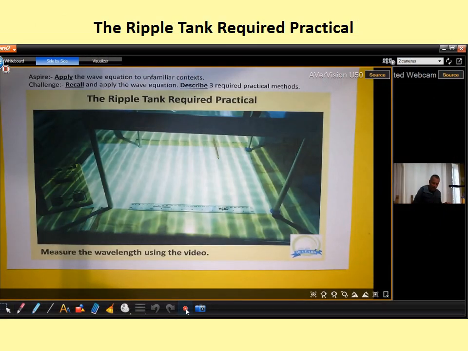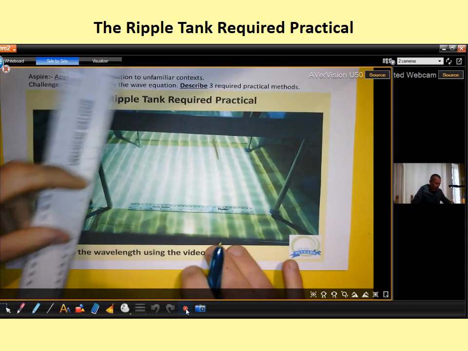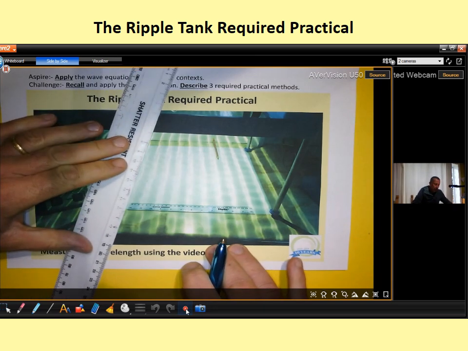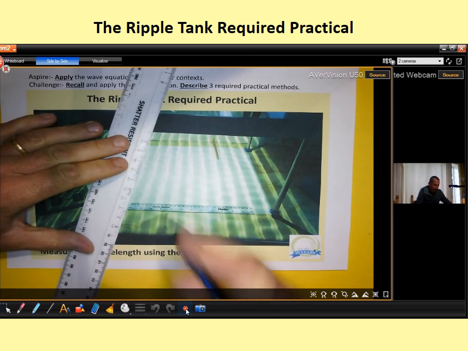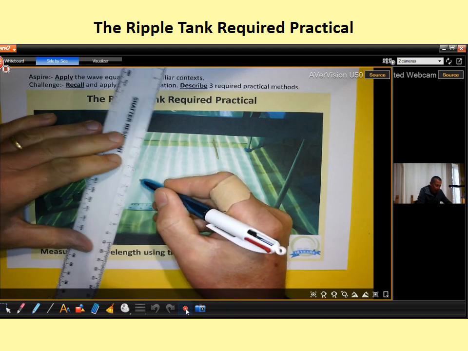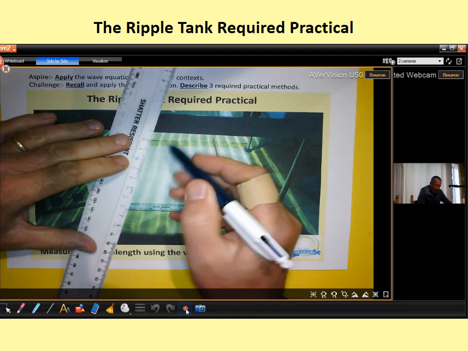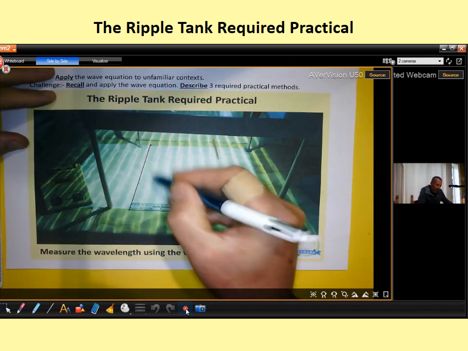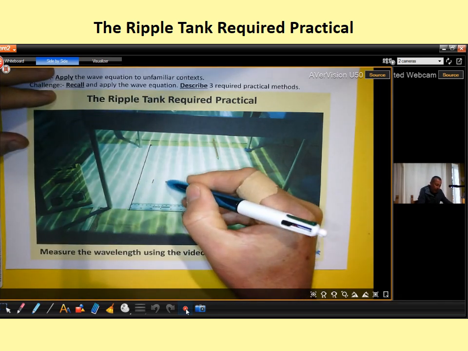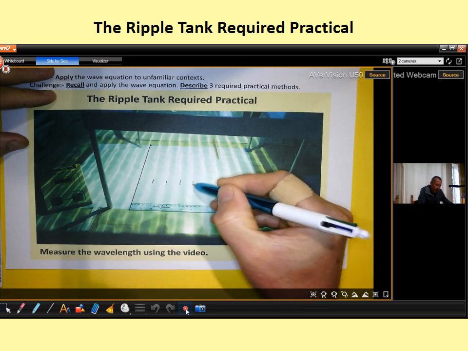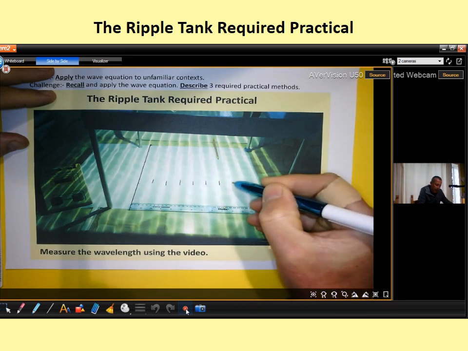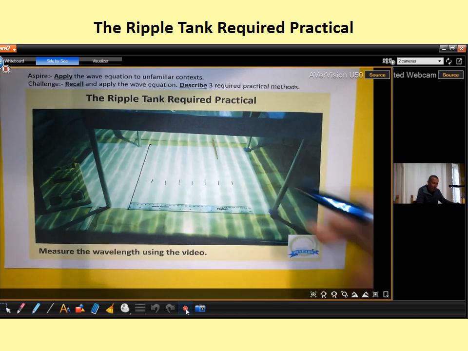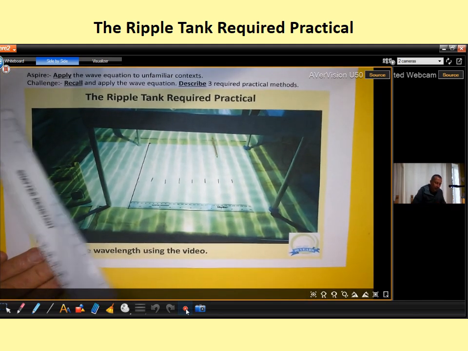Apologies for the quality of the photo here, but let's just run with it. So I'm going to mark on the 0 line of the ruler, I'm going to get a line right across that marks the start of where we're going to measure from. So I'm going to go from there, so that would be 1 wavelength, 2, 3, 4, 5, 6, 7, 8's just gone past the end of the ruler, so I'm going to use 7.